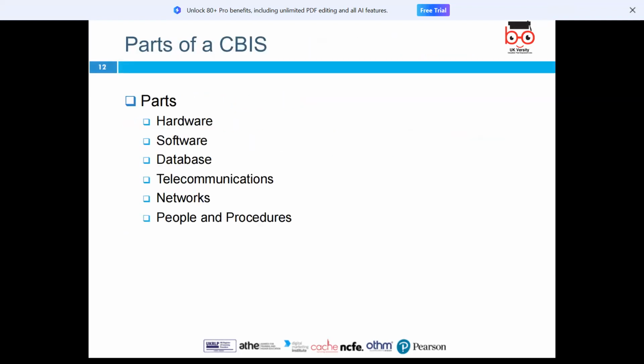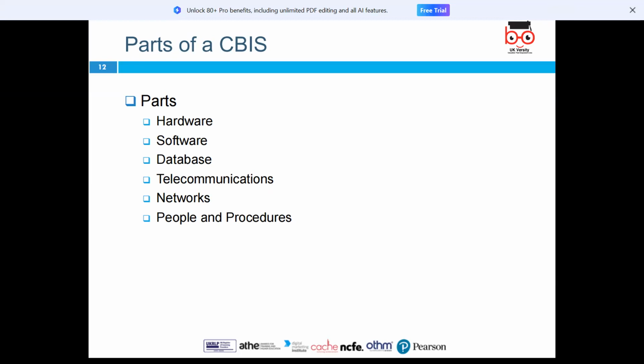When it comes to physical computer parts, we have hardware, which we all know is the physical, tangible one. Software, which is the brain and whatever commands we've been assigning to do. And then we have database, which is simply going to store the amount of data that we are processing.